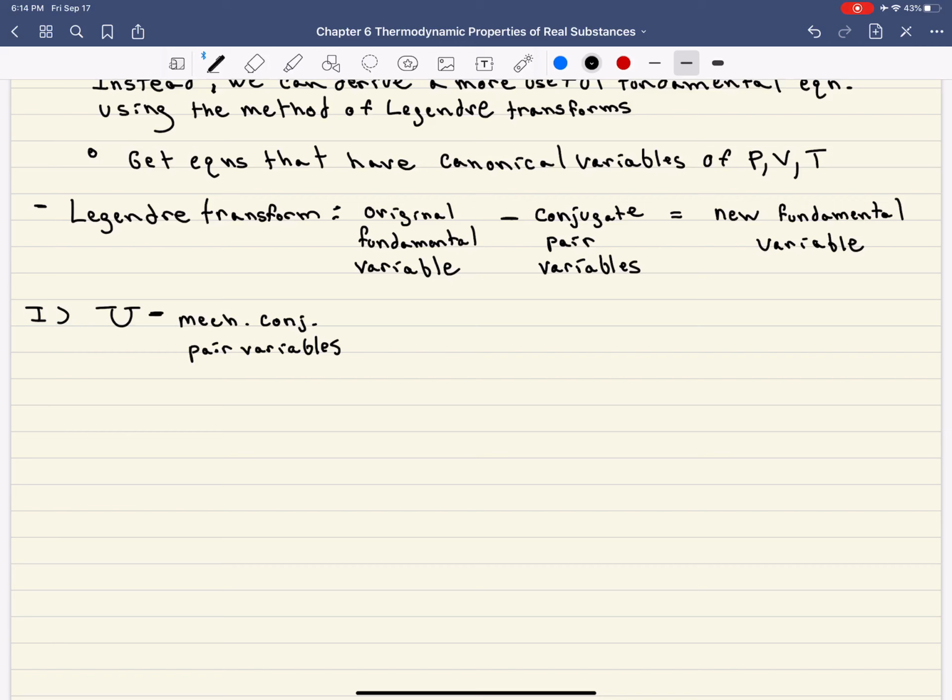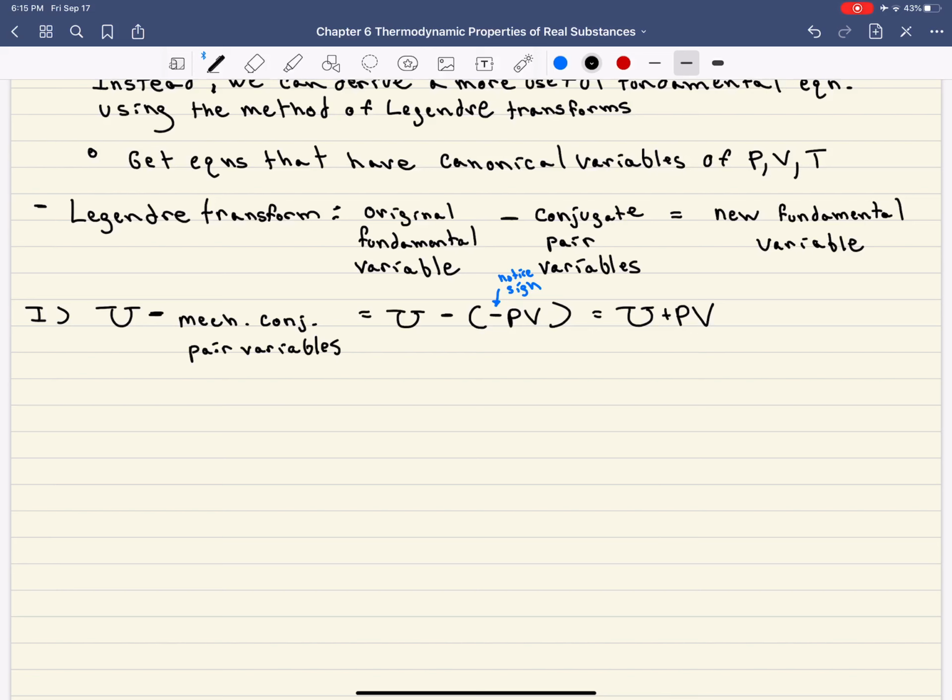And so if you remember from the previous set of videos, the mechanical one was minus PV. Right? And I want to emphasize the sign here. That sign is important. Okay? And so what we're doing here is taking the internal energy and subtracting off minus PV. Of course, you could rewrite that. The negatives cancel out and you get U plus PV.